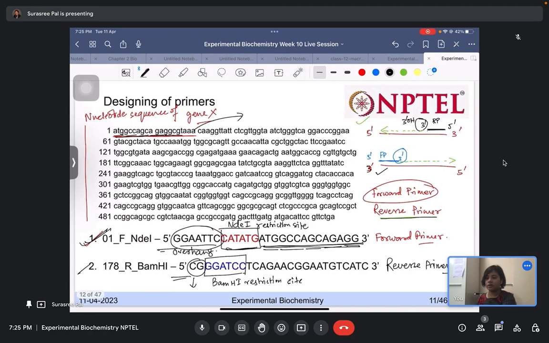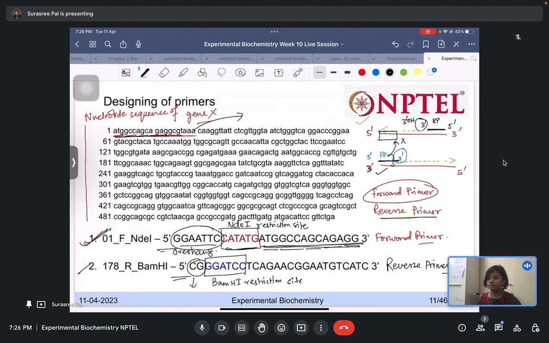So if the forward primer has a sequence of this part, it will obviously not be able to anneal to this strand, but it will be able to anneal to this particular strand, right? Because it is complementary to the 3' to 5' strand. So that is why the forward primer will anneal to the 3' to 5' strand.